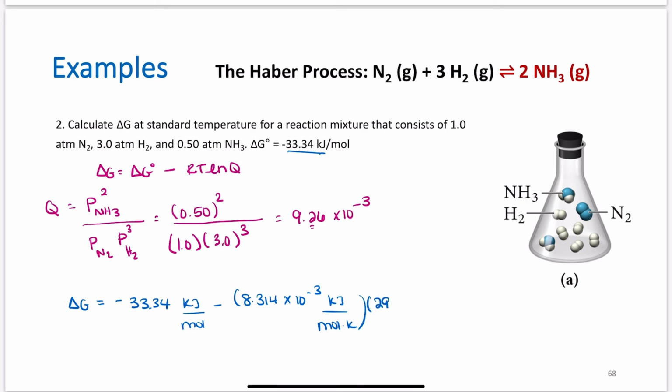Be careful of that. I forget about that all the time, for R specifically. Natural log 9.26 times 10 to the minus 3. Delta G under these conditions is negative 44.9 kilojoules, which we round to negative 45 kilojoules.